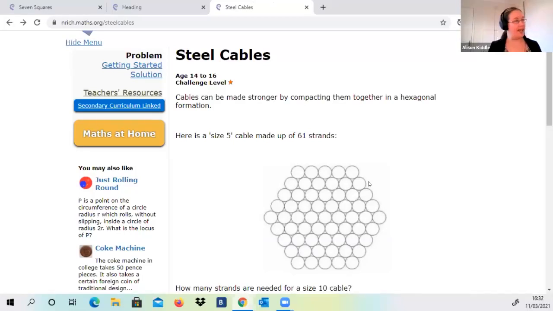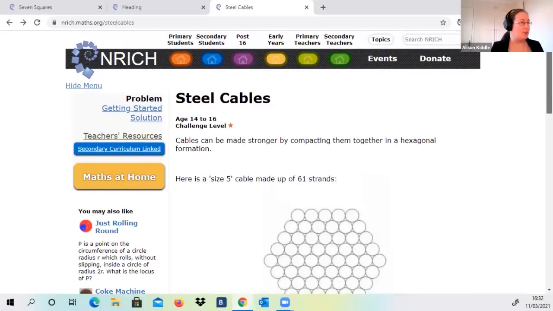Okay, just in case people aren't familiar, when you go to a problem on the NRICH site, there's always this little sidebar that has something called Getting Started, which is to suggest to students how they might begin the problem if they're not sure what to do. There's something called the solution, which it's not always there, is it, Charlie? Sometimes it would say submit a solution instead.